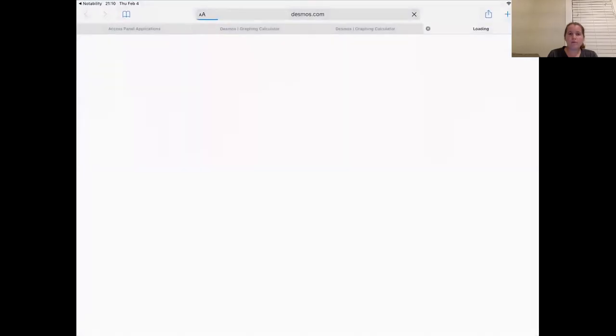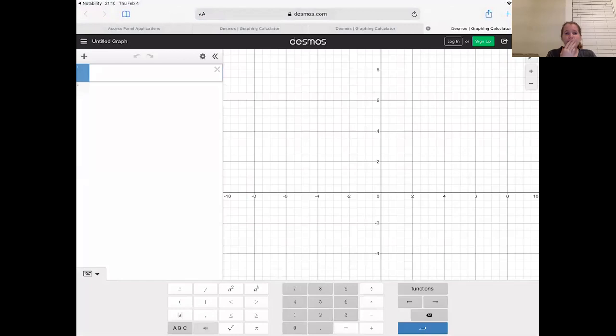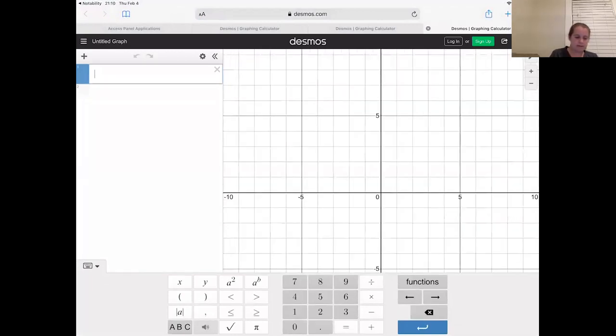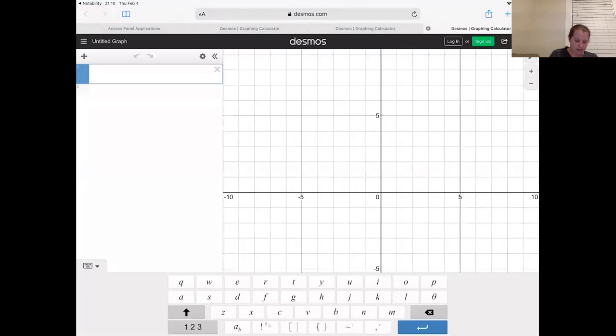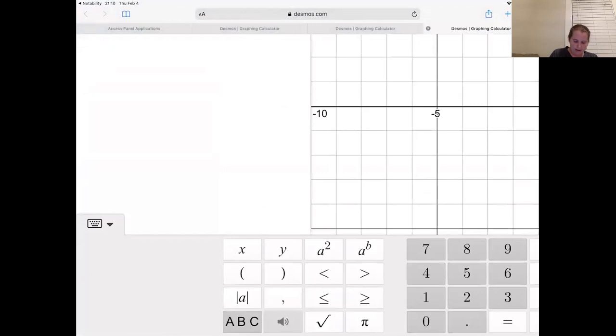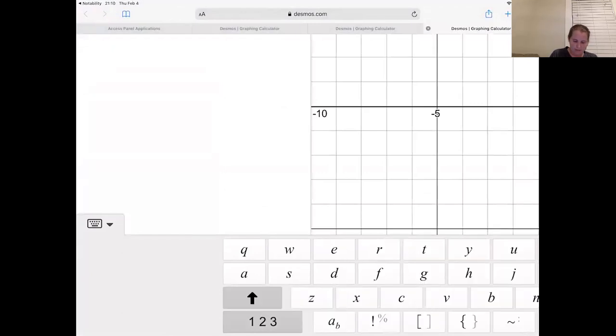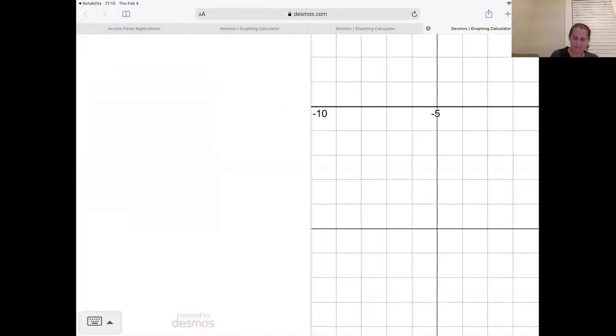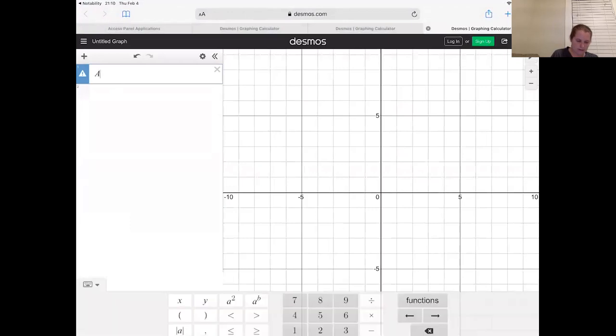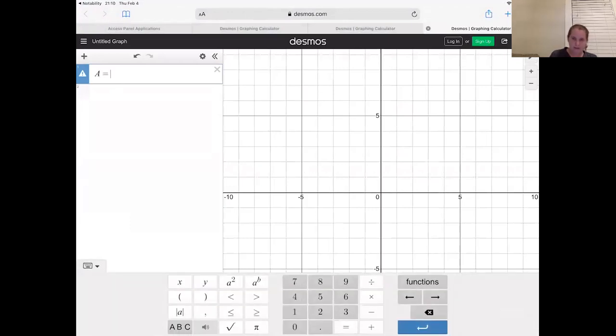So if we go over to Desmos, if we wish to enter in a list, let's put in a capital A, say, and then equals, and then we need our square brackets.